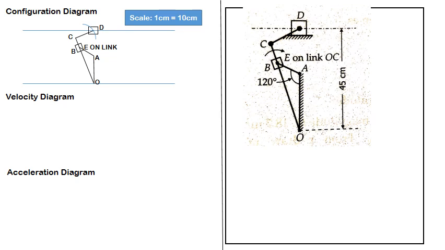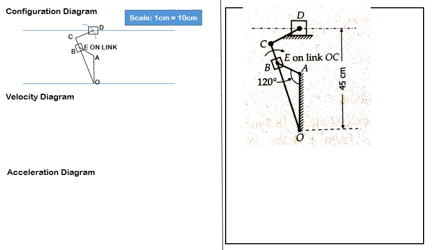Then I have shown the vertical line OA on that, like this. This is OA of the length mentioned in the problem statement, and then I have drawn the crank AB, which is 1 centimeter, and the angle is also mentioned to you, which is 120 degree. Now through this point O and B I have drawn a straight line, and the length of OC is also known to me.